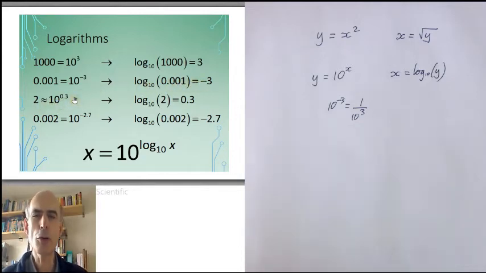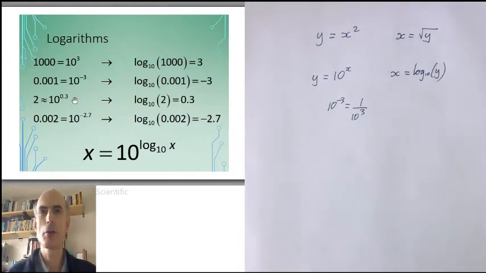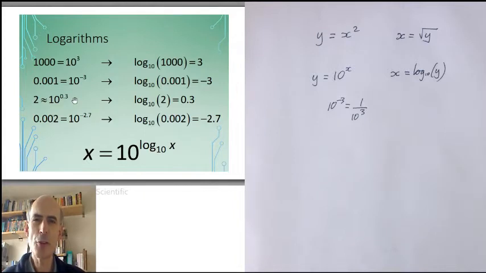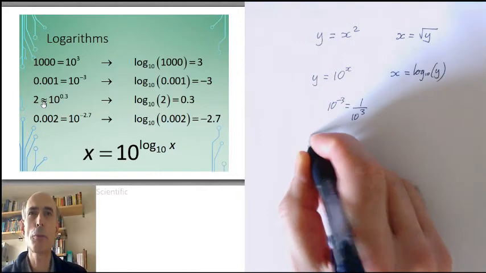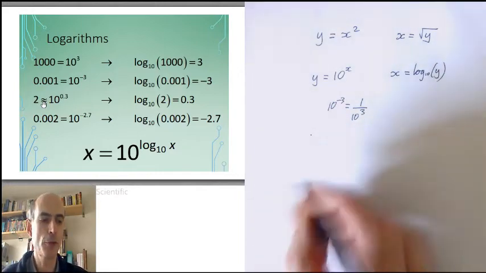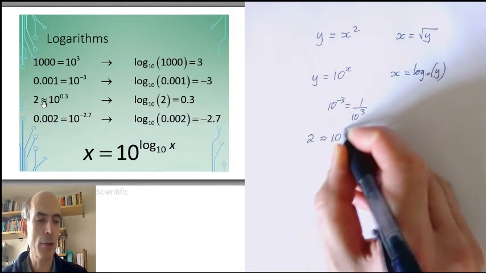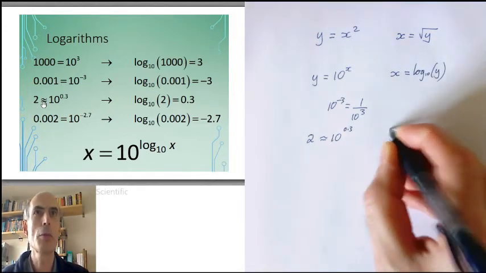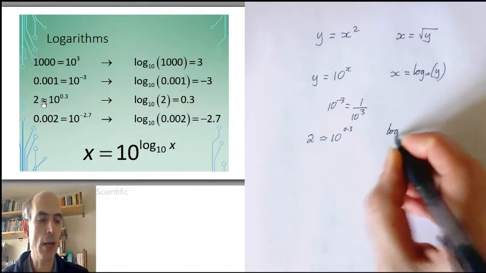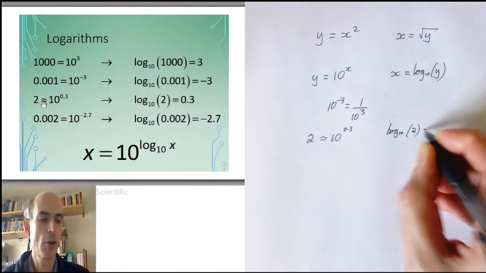2 is approximately equal to 10 to the power of 0.3. That is such a useful fact that engineers often don't worry about the fact that it's not exactly true, and tend to say that for all practical purposes, 2 is just about equal to 10 to the power of 0.3, and therefore log to the base 10 of 2 is 0.3.